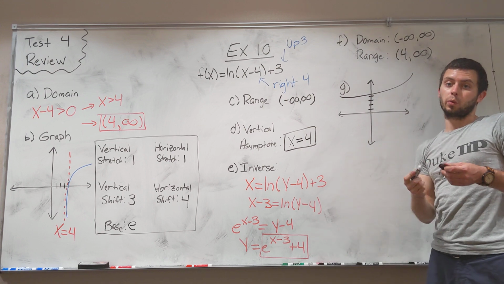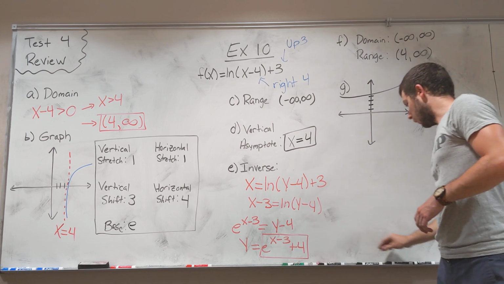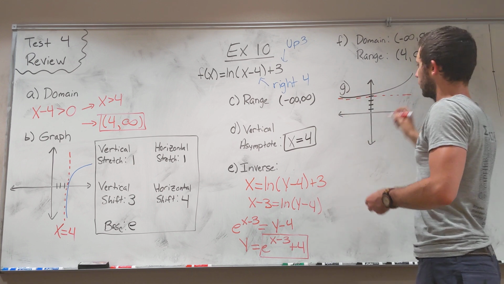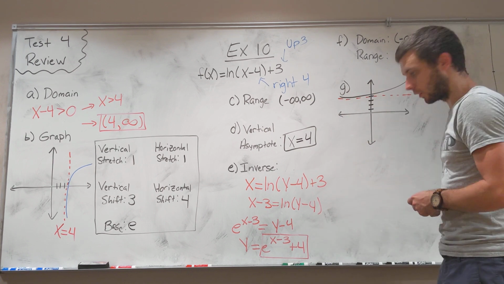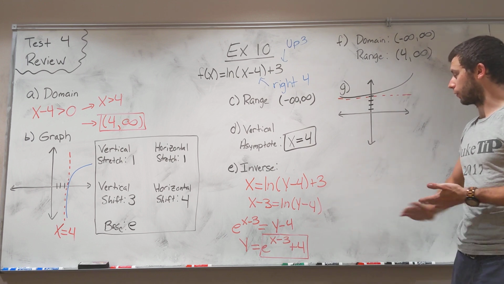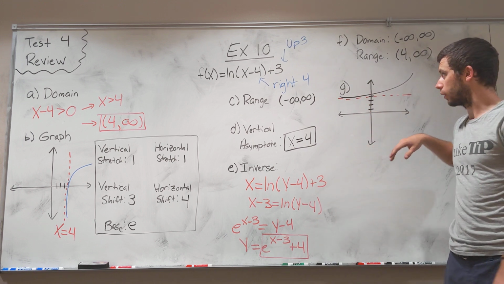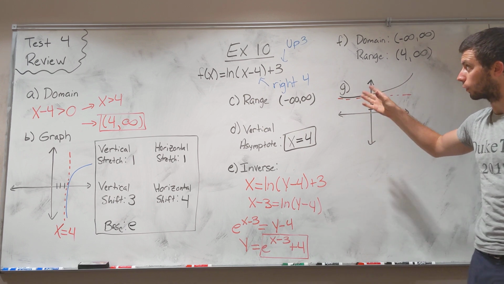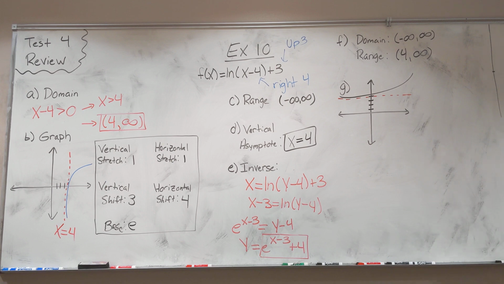Exponential functions do have horizontal asymptotes, so that would make sense that there is an underlying asymptote here, and that graph in particular should be easily discernible from other graphs that may shift in various directions. But other than that, that concludes example 10 and my study guide review for test number 4.